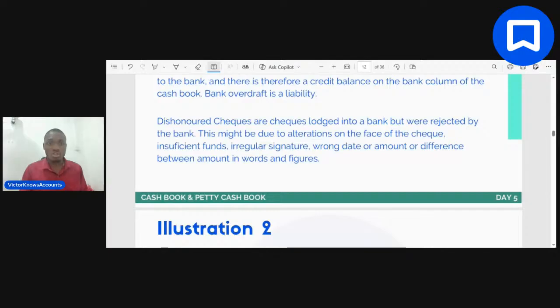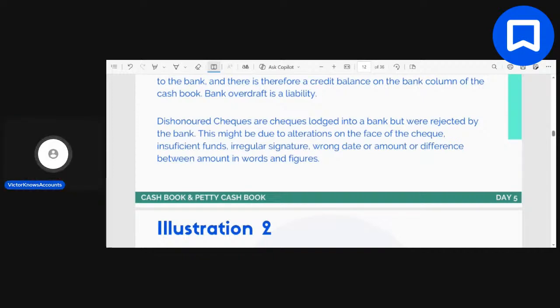Now let's talk about dishonored checks. I run a business and we buy and sell. So let's assume that I bought goods worth 500,000 naira. Now, traditionally, I would not transfer.